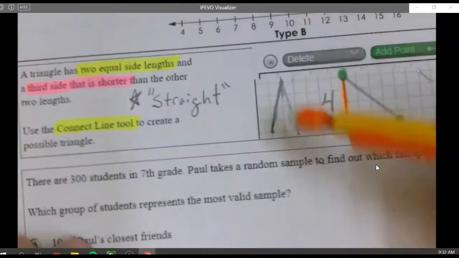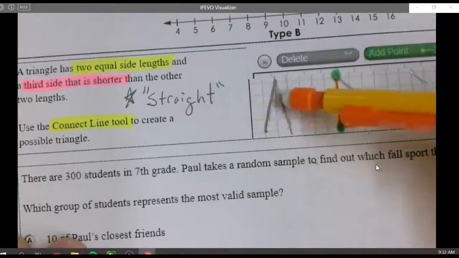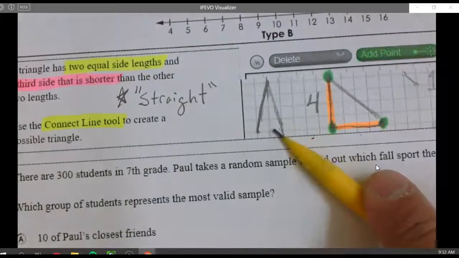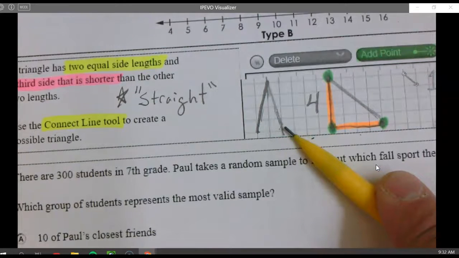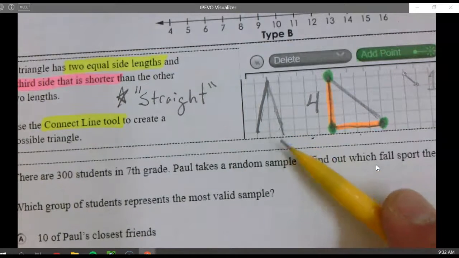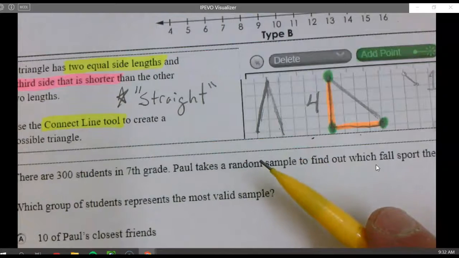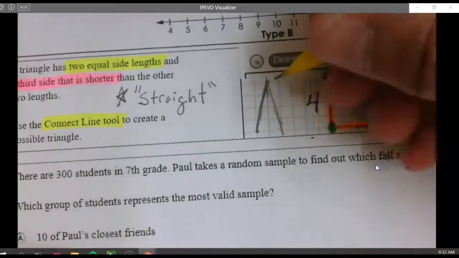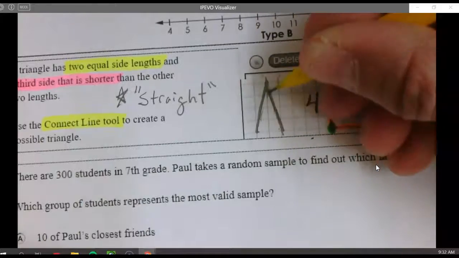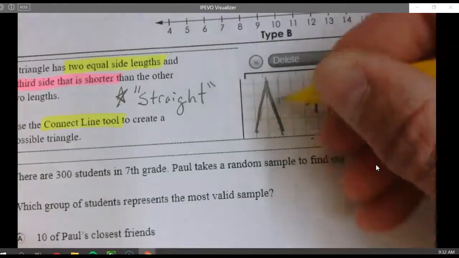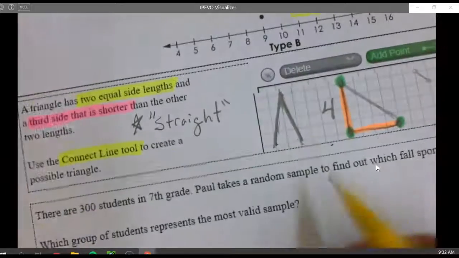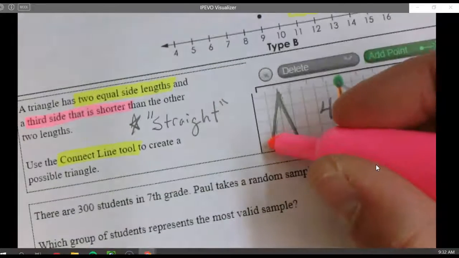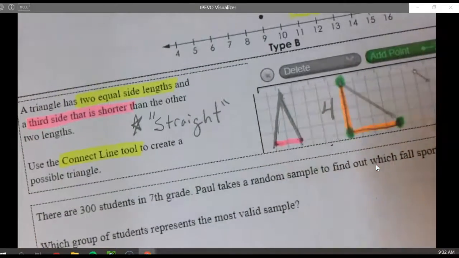Are my 2 legs the same length? Yeah, because they both came down 4 over 1, down 4 over 1. You don't have to know how long these are. Because that's the thing I want to make sure you realize here. You don't have to be able to say how long these lines are. These sides are now equal length. Is the third side that I make now going to be shorter? Yeah.